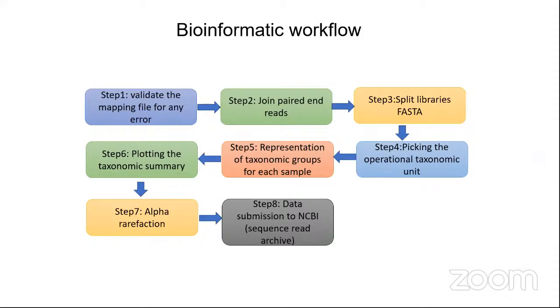Then you join the paired-end reads, split the libraries into FASTA, and pick the taxonomic units, or OTUs, operational taxonomic units, which represent the taxonomic group for each sample through binning. Then plot the taxonomic summary, alpha rarefaction, and ultimately submit the data to NCBI.